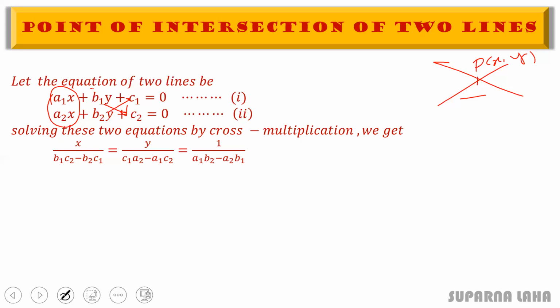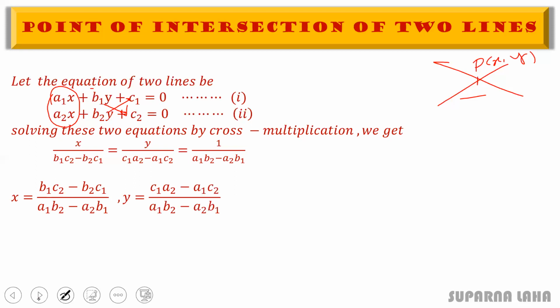So from here you can easily find the value of x, which is (b1 c2 minus b2 c1) by (a1 b2 minus a2 b1), and y is (c1 a2 minus a1 c2) by (a1 b2 minus a2 b1). So this is the coordinate of the intersecting point of these two lines, 1 and 2.